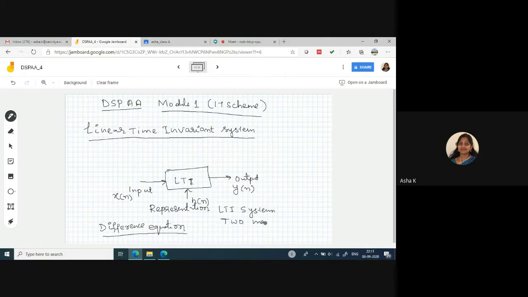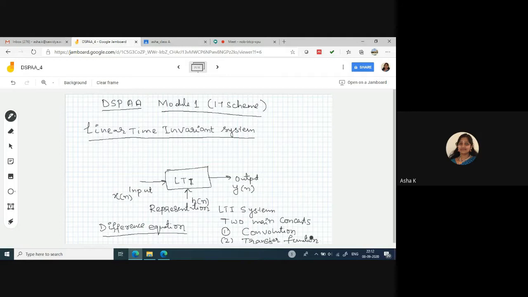In this LTI system, we basically use two main concepts. The first one is called convolution and the second one is known as the system function or the transfer function of the system. The transfer function and the convolution are the two concepts that we use in the case of a linear time invariant system.